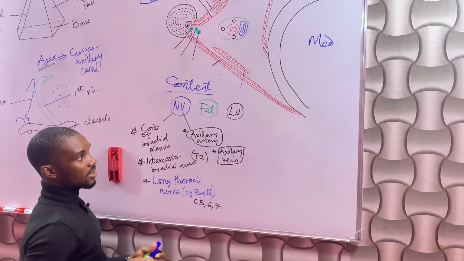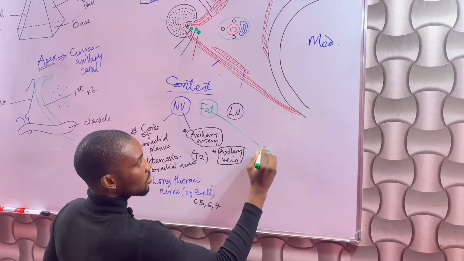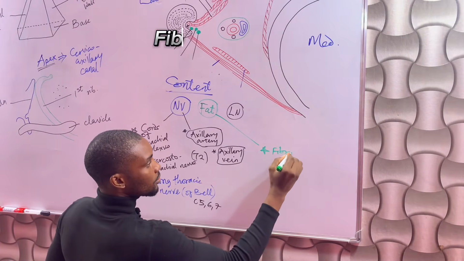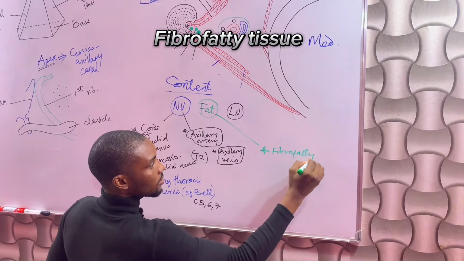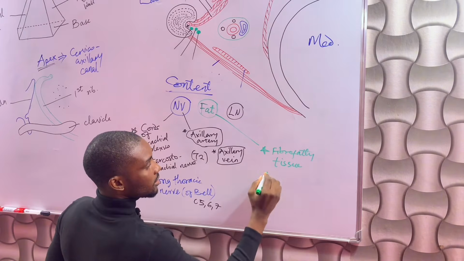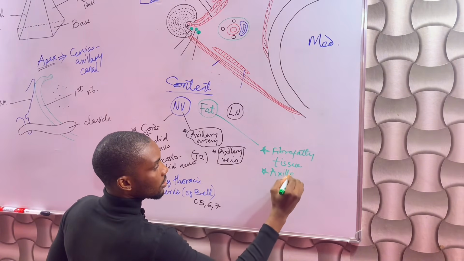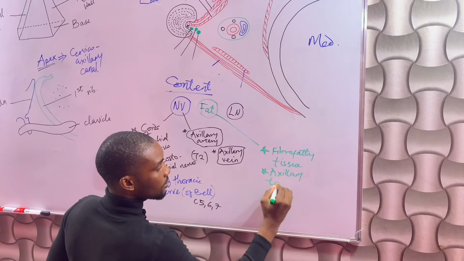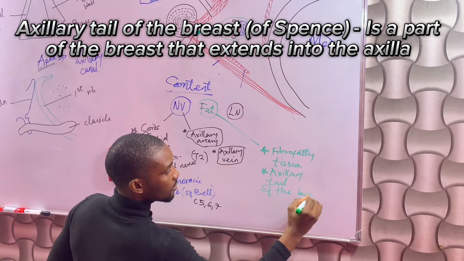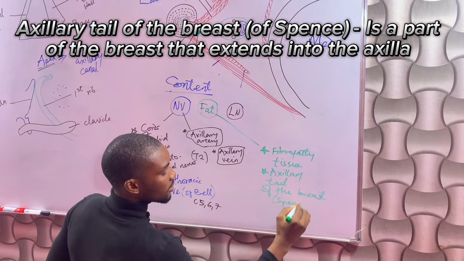For the fats, we have two structures, basically the fibrofatty tissue and the axillary tail of the breast, or you can say axillary tail of Spence.